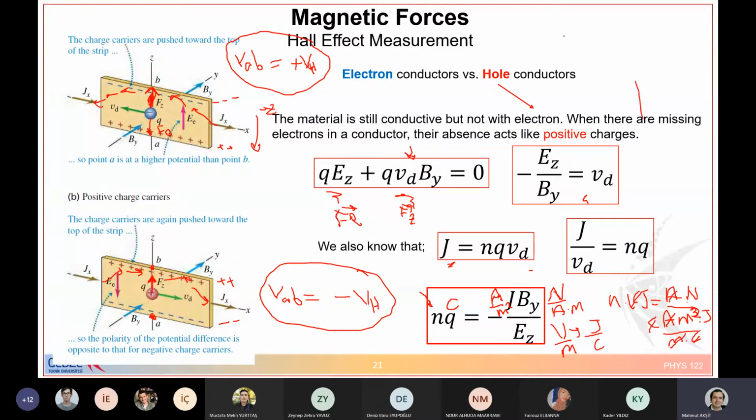So number of particles is then Newton per joule meter square. Joule is Newton meters by definition.